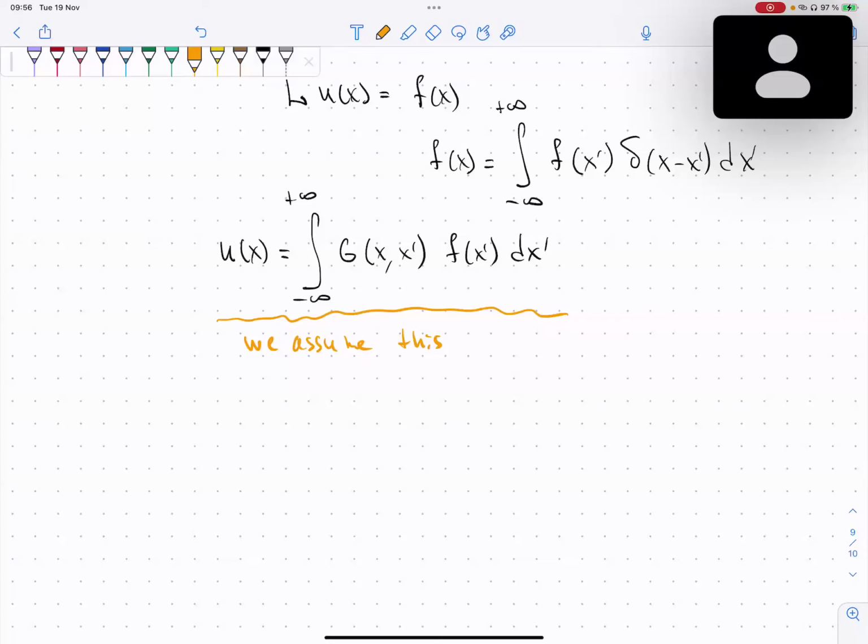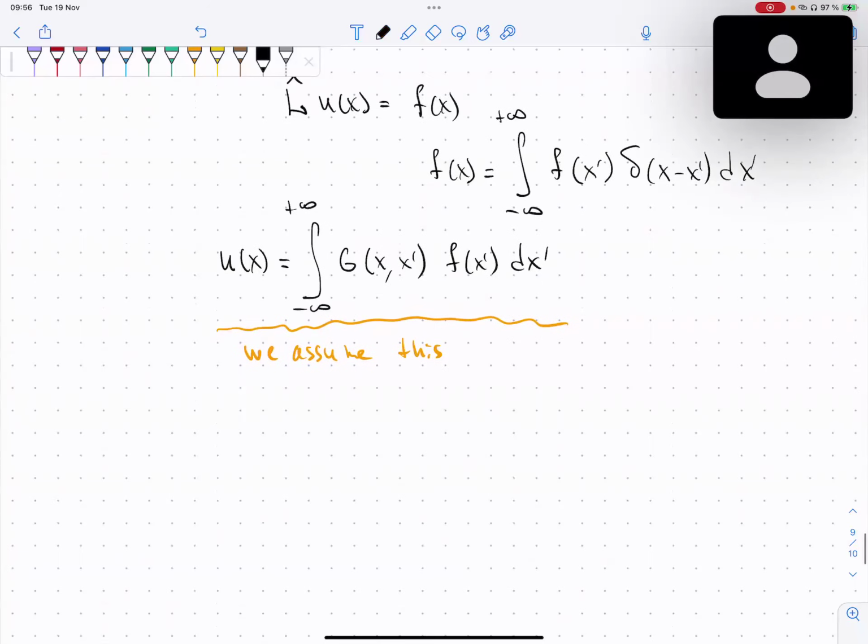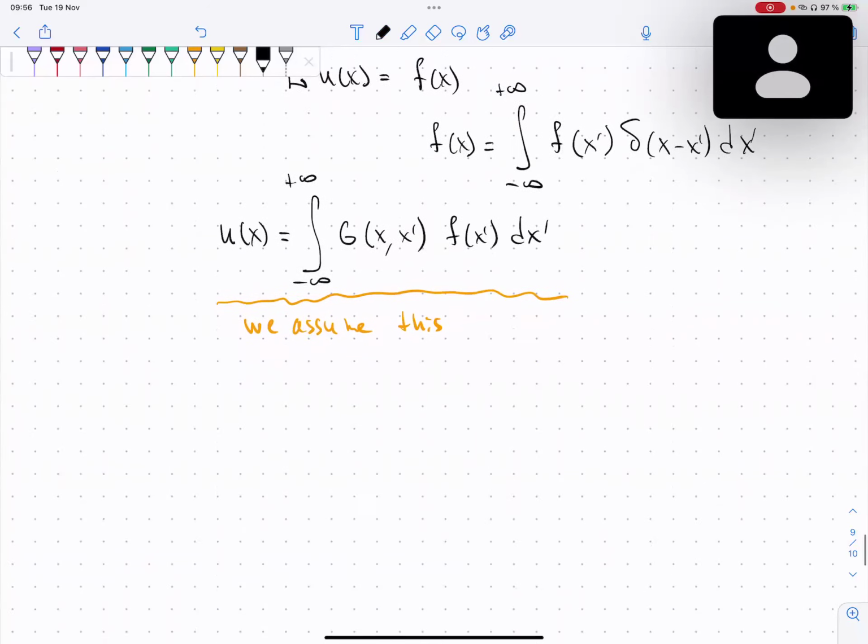I will not speak about rigorous mathematical stuff here, but for the moment, hand-wavingly, let's think that for every f and every u, we can find such a function.